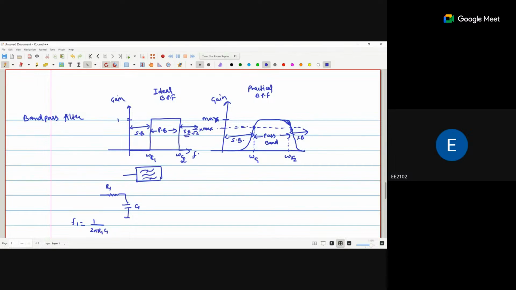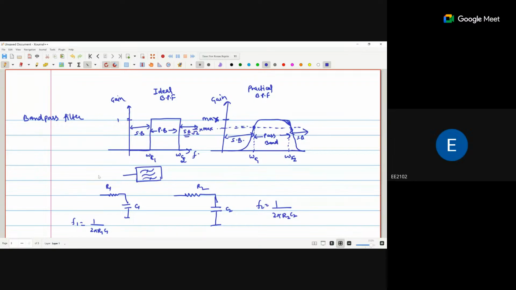Similarly, you require another pair, R2 and C2, and with respect to this you get F2, which is 1 upon 2 pi R2 C2. So you require two resistor-capacitor pair combinations.